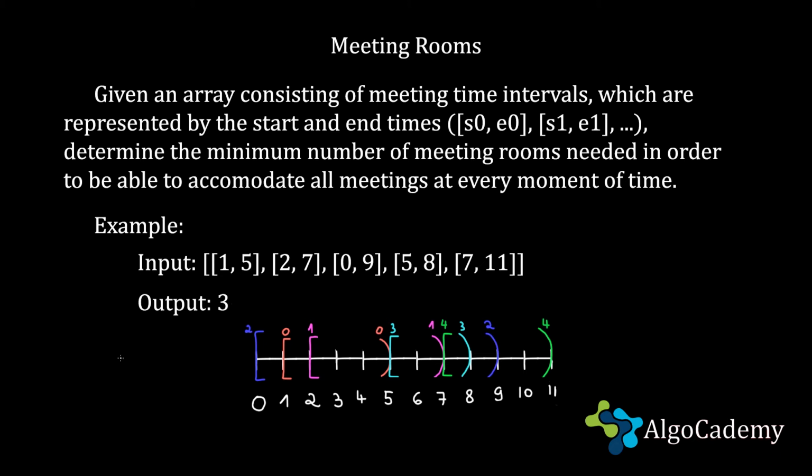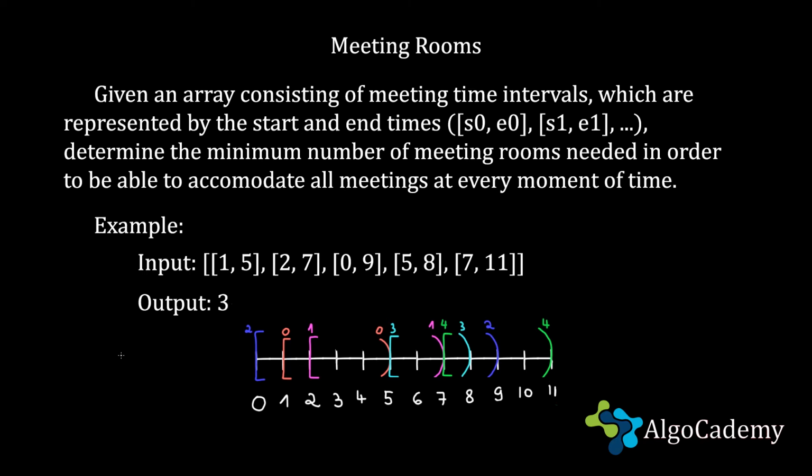So with this sweep line, I'm going to go through all the events in chronological order, and what I'm interested in here is the number of meetings that are taking place at that specific moment, right?